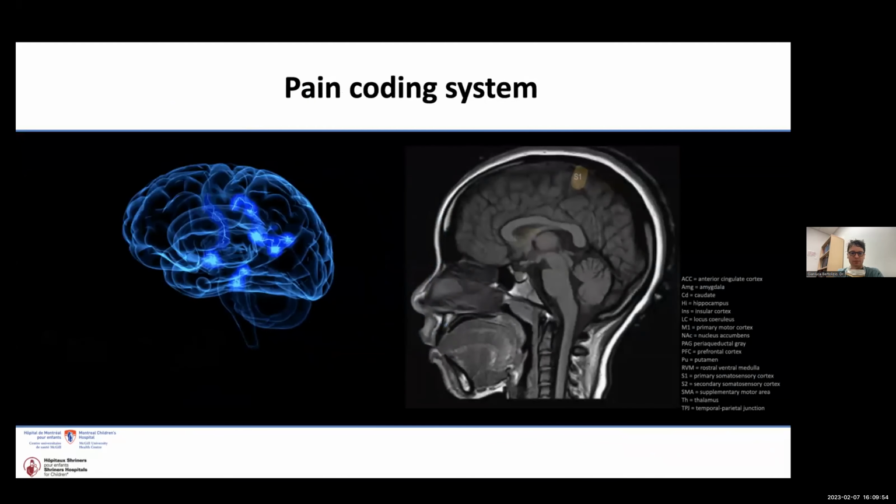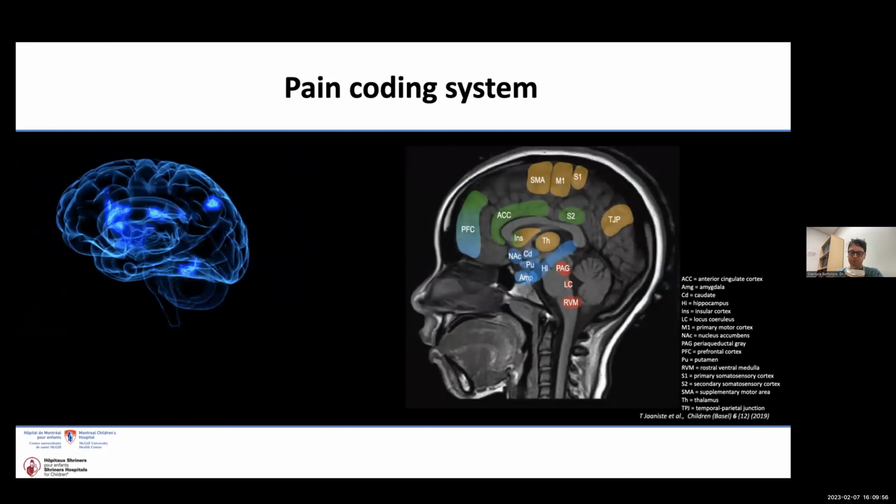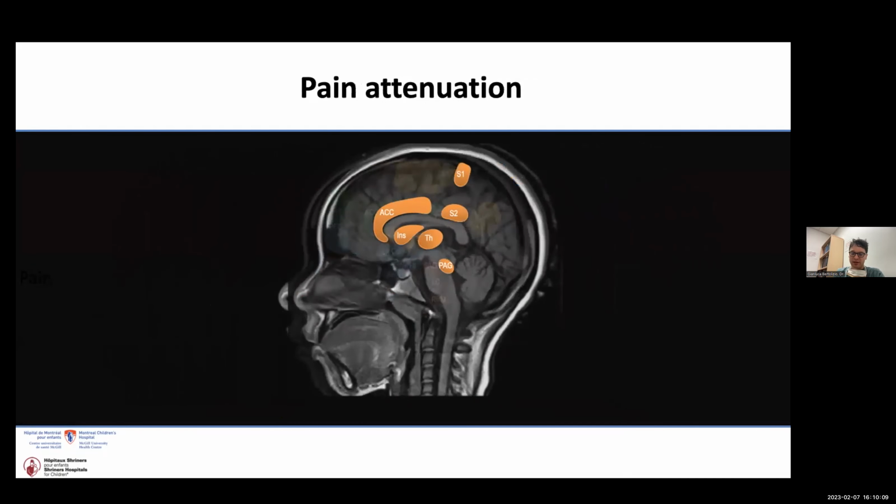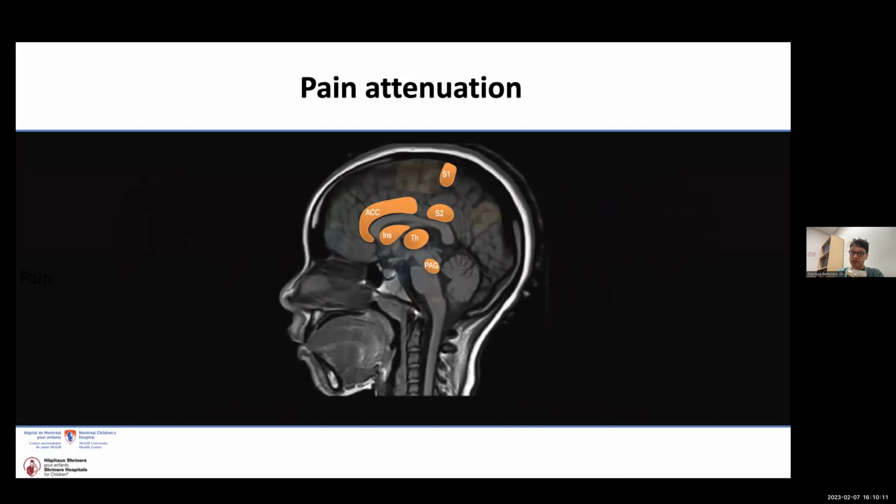Just to give you a brief understanding, whenever a person has a painful stimulus, there are different areas of the brain that are activated. If you keep those areas in mind, you see what virtual reality does by basically inhibiting some of these areas, and you can understand why patients may feel less pain when they are in a virtual reality environment.